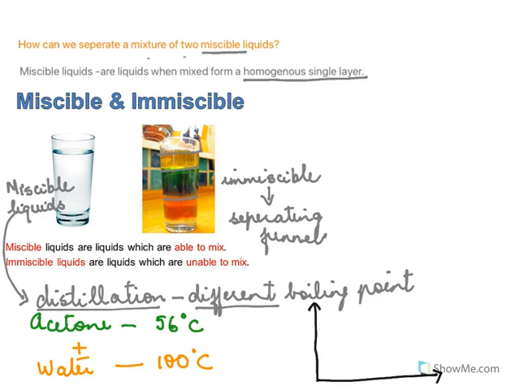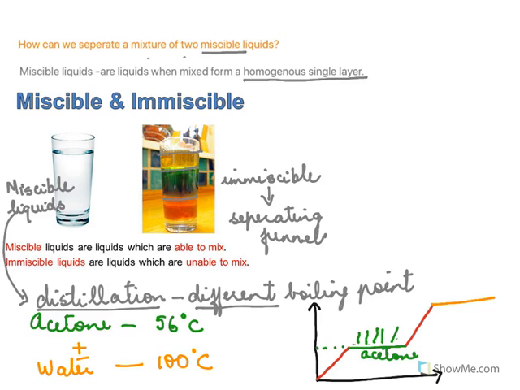So when I heat this mixture, the temperature will start rising. At 56 degrees Celsius, I will find that the temperature remains constant because at this point the acetone is turning into vapors. Then after that the temperature will start rising again. When it reaches somewhere around 100 degrees Celsius, it will again be constant because in this case water will change into vapor. So at 56 degrees Celsius we get vapors of acetone.